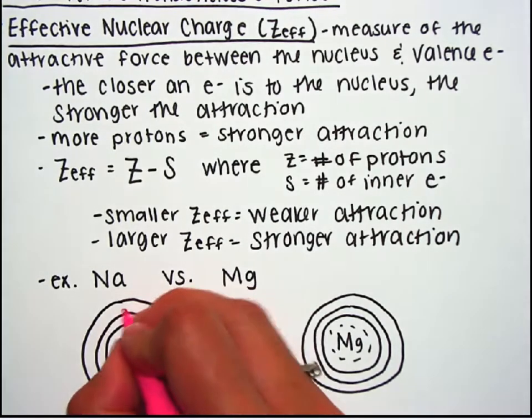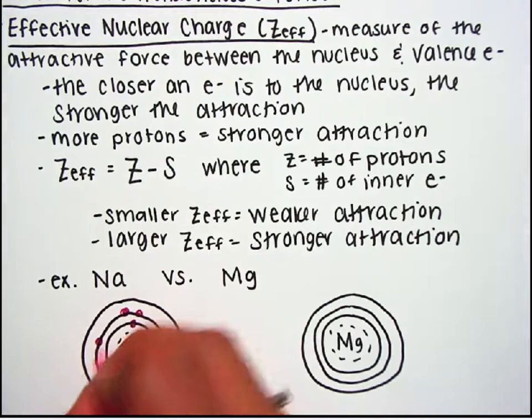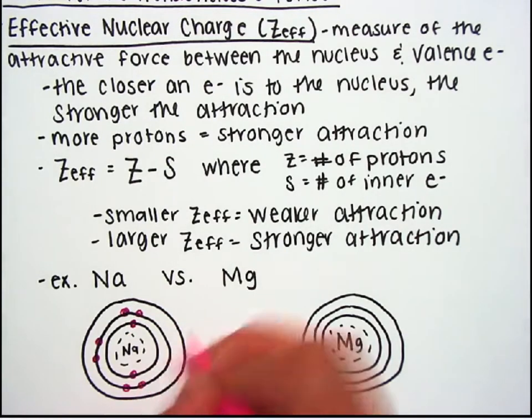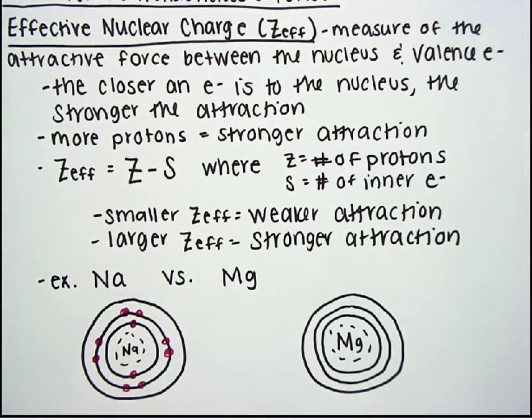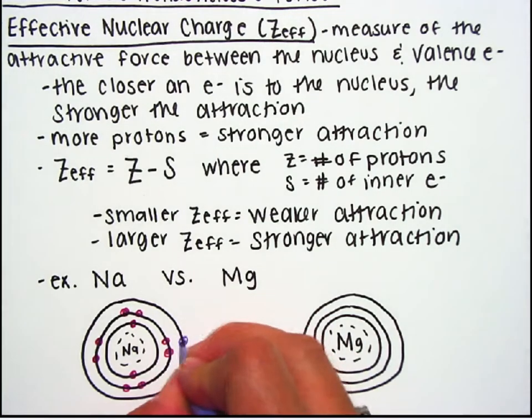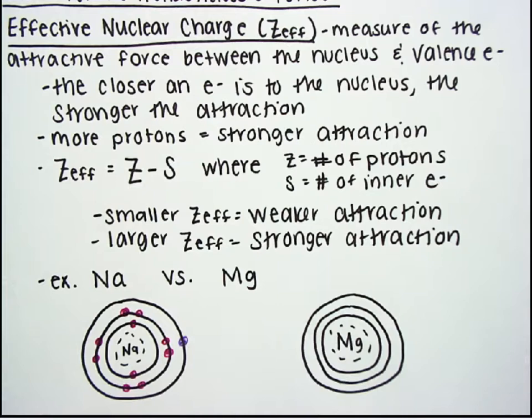Sodium is atomic number 11. So sodium has 11 protons and 11 electrons. Since sodium is in group 1, it has 1 valence electron.